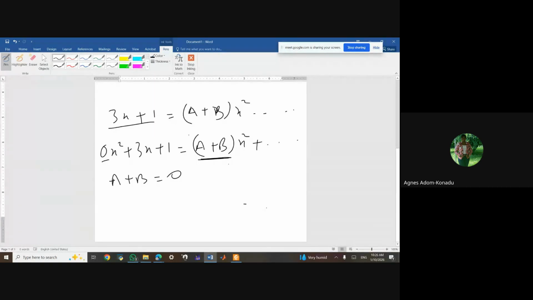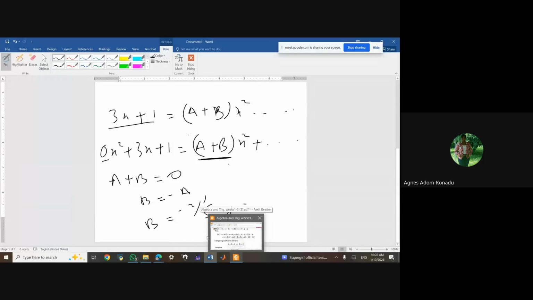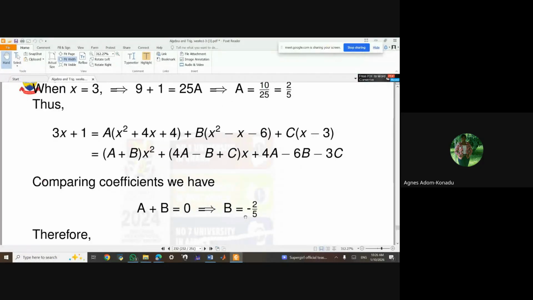What's the value of a? 10 over 25, which is the same as 2 on 5. So it means that my b will be equal to minus 2 on 5. So that is my b. First step, I've gotten my b.